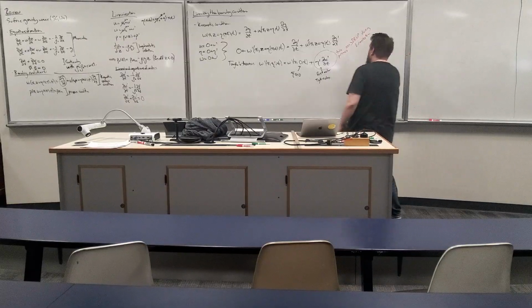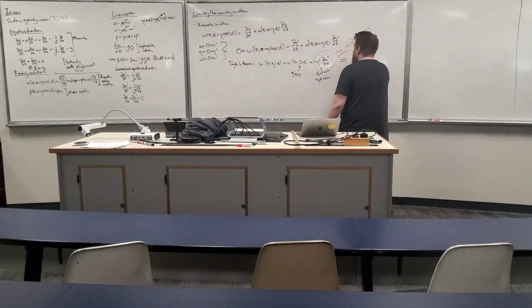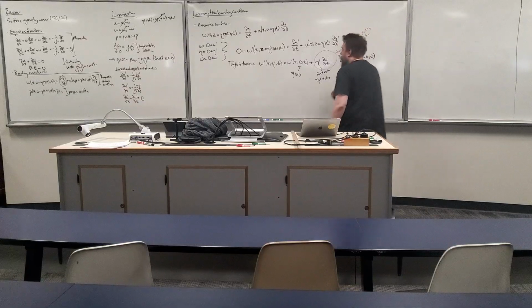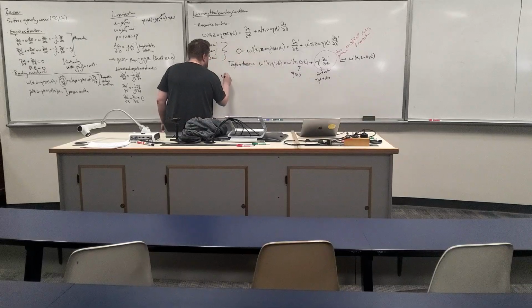So, to a good approximation, this roughly equals just w prime of x, z equals 0, and t. And so our Taylor's theorem result, just to write it down one more time clearly.